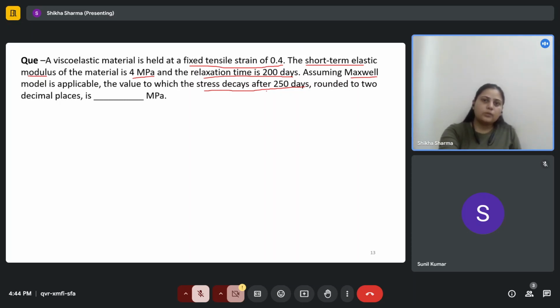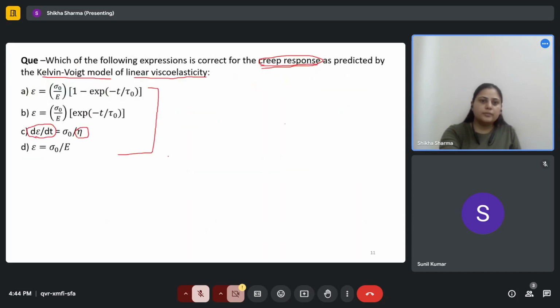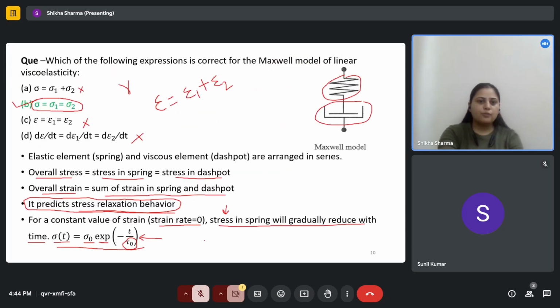So please try to solve this question. I can give you a hint: this formula is going to apply, because we are saying the Maxwell model applies, and we need to see which values are given and which values we need to calculate.